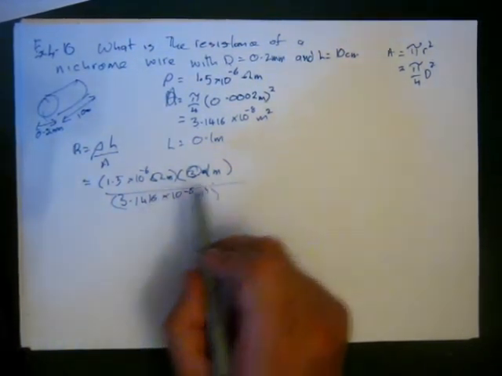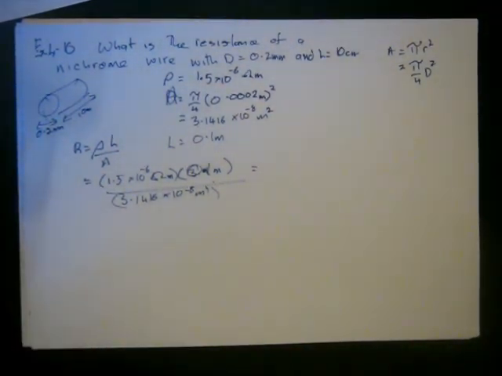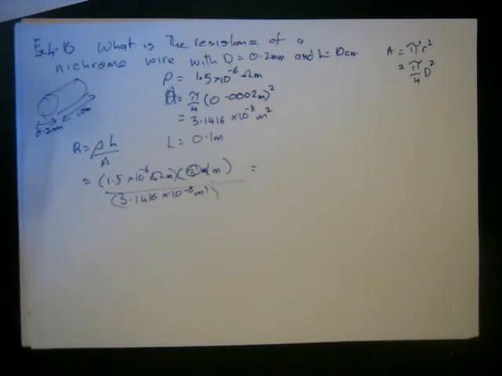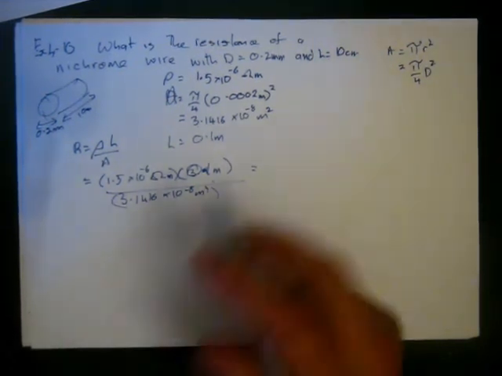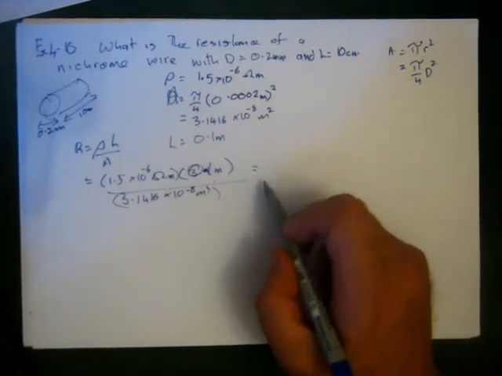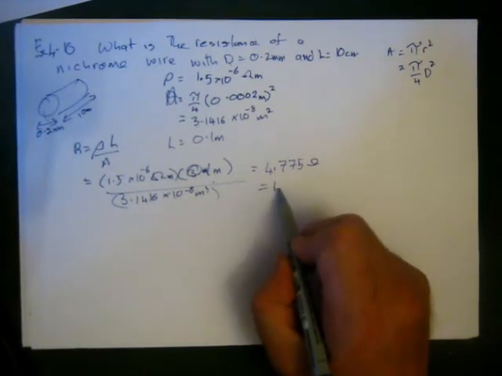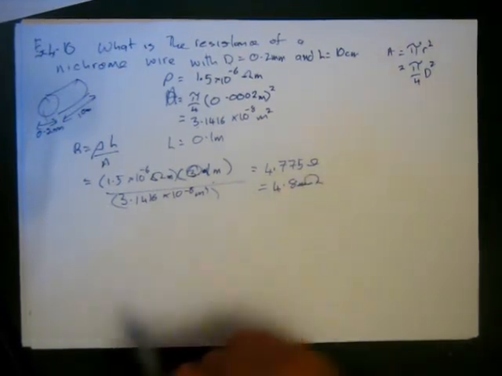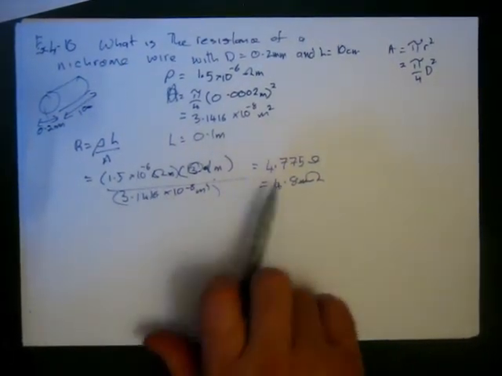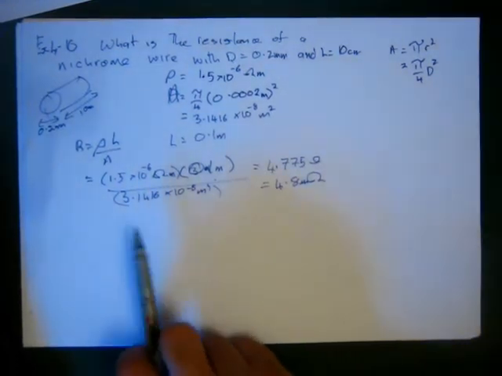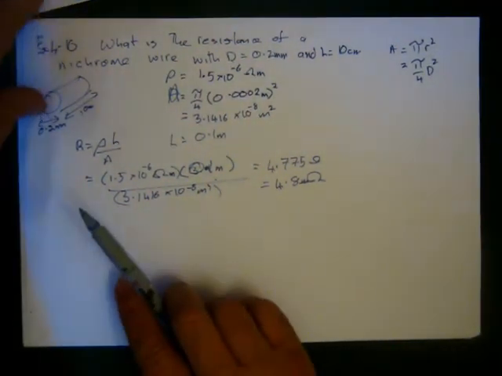Stick that through the calculator. 1.5 x minus 6 times 0.1 divided by 3.1416 x minus 8 equals 4.775 ohms. Let's call it 4.8 ohms. So for a wire, that's a high resistance piece of wire. If you actually stick a lot of current through there, that would be glowing like a light bulb.